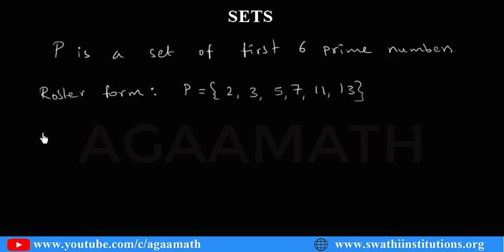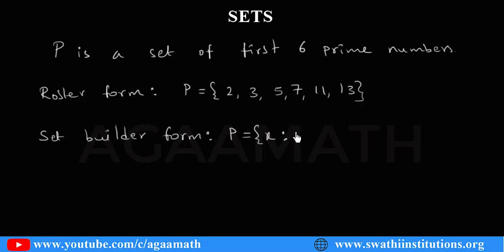If I would like to present this in the set builder form, P equals x such that... In the previous example, we could form a rule using the numbers in the set, but here we cannot make any rule.